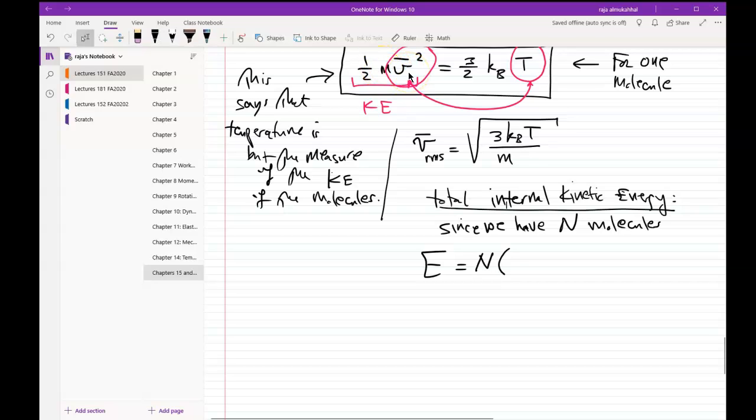So it's going to be 1/2 m v bar squared for every single molecule.